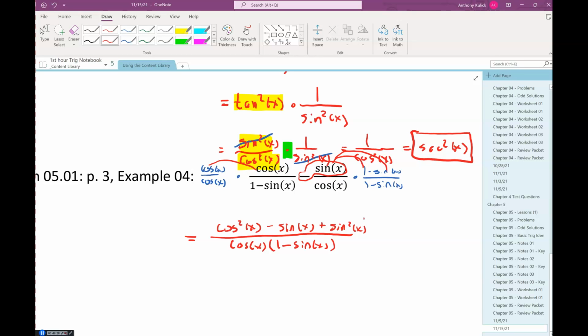Okay. So at this point, we've made our common denominator. We did the subtraction. Is there any other algebraic thing you think we can do here? Can I cancel cosines? Or cancel one of the sines from the numerator and denominator? No. Why not?